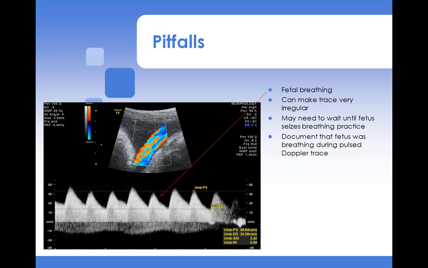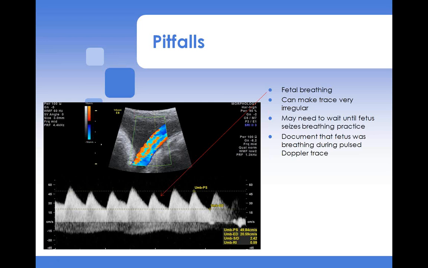Most of you will be familiar with how the traces look with fetal breathing, but you'll be surprised that often fetal breathing is taken as something abnormal with the fetal heart, and we've had second opinion referrals put into us for traces much like this one, calling fetal arrhythmia and whatnot. So what choice do you have? You can wait. You need to wait for the fetus to stop its breathing practice.